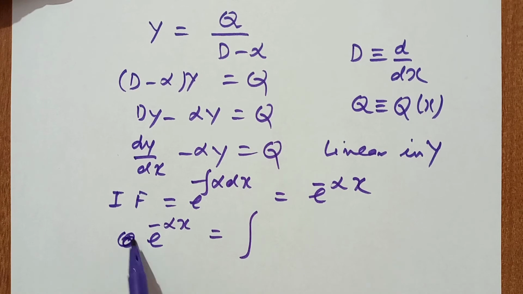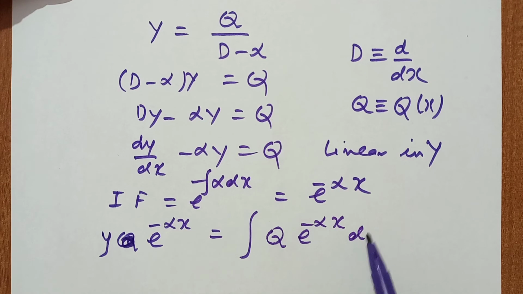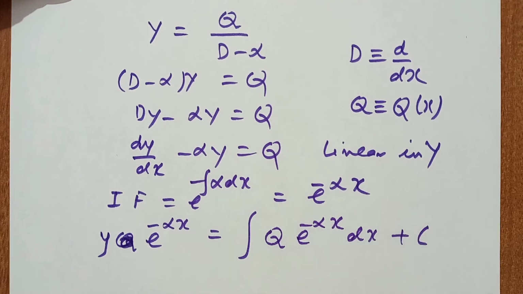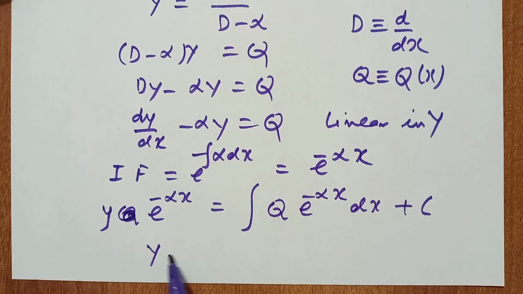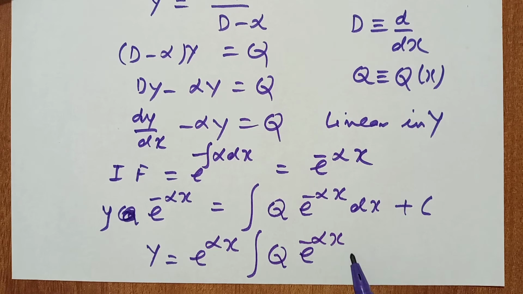The solution is y times e to the power minus alpha x equal to the integral of Q times the integrating factor dx plus some constant c. So y is equal to e to the power alpha x times the integral of Q e to the power minus alpha x dx plus c.